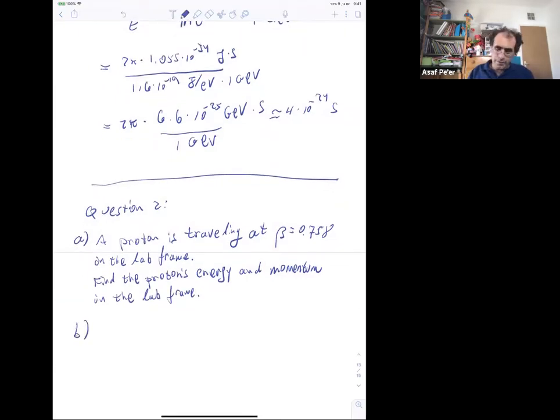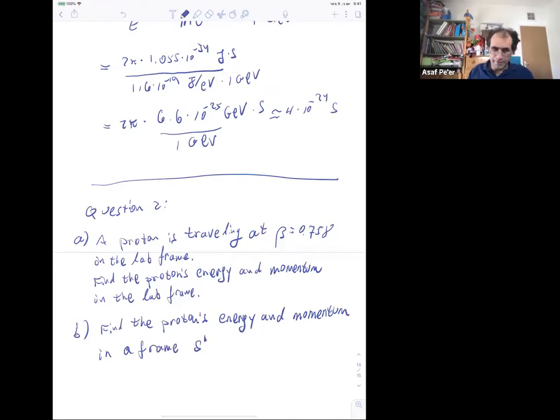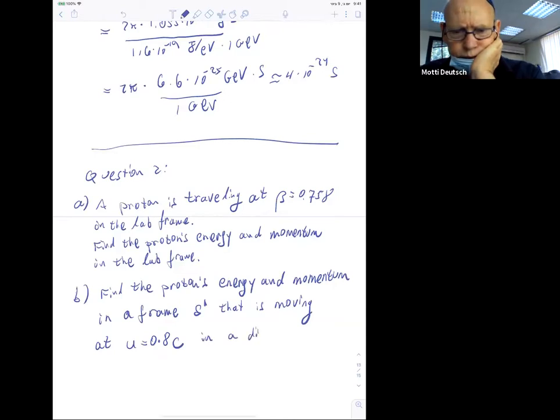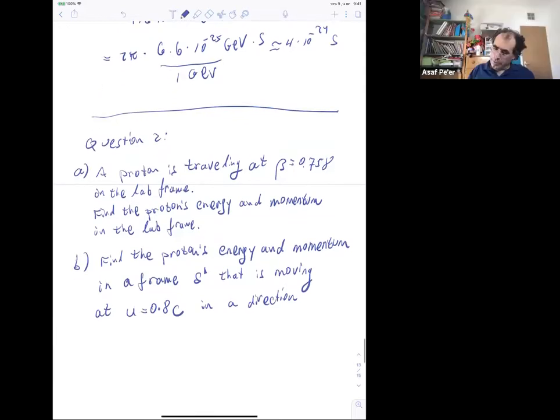Part B is to find the proton's energy and momentum in a frame S prime that is moving at velocity u of 80% the speed of light in a direction perpendicular to the proton's velocity in the lab frame.